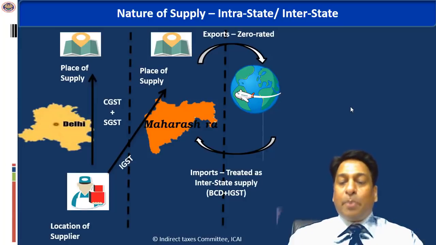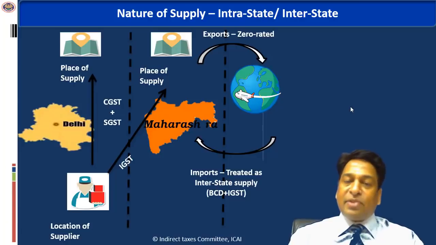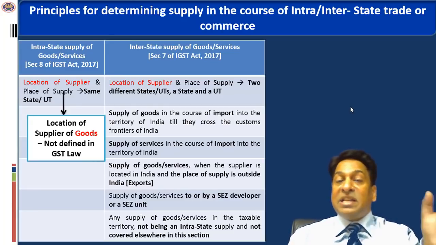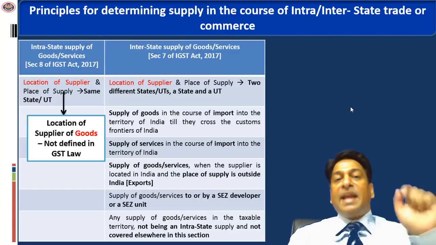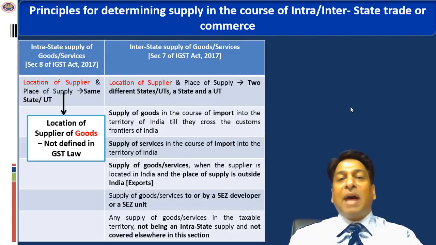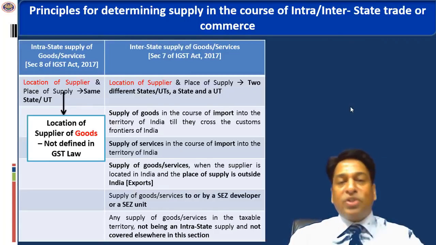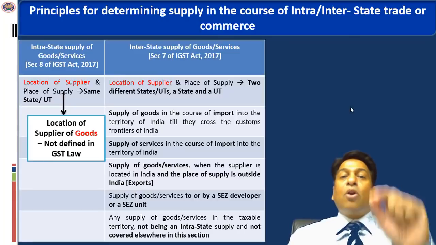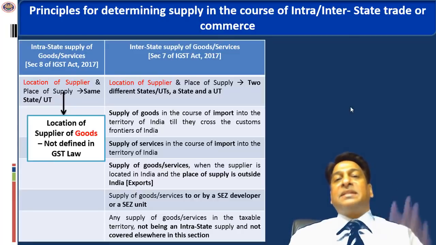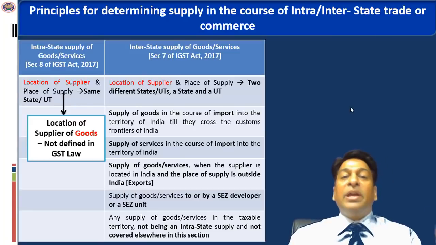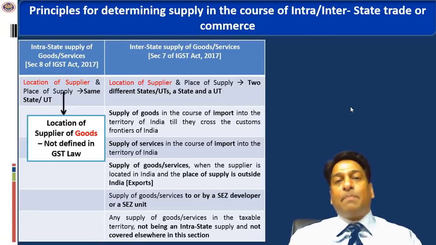So this is the broad meaning of intrastate and interstate. When we look at the detailed provisions in the IGST Act 2017, Section 7 talks about certain transactions which are called interstate supply, and Section 8 talks about intrastate supply.